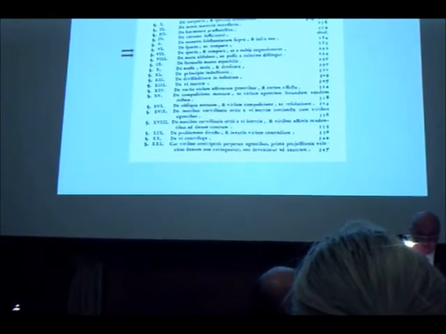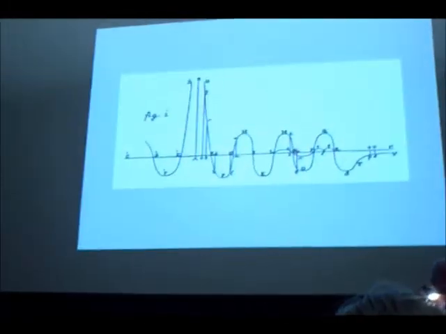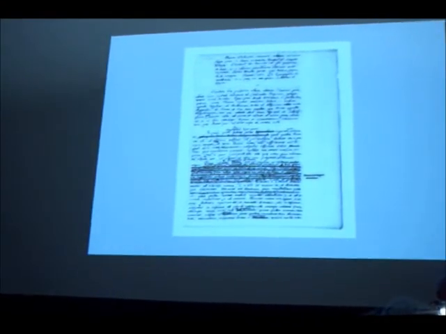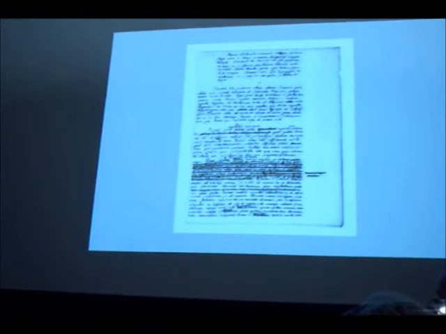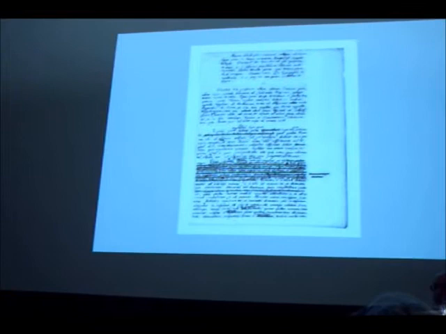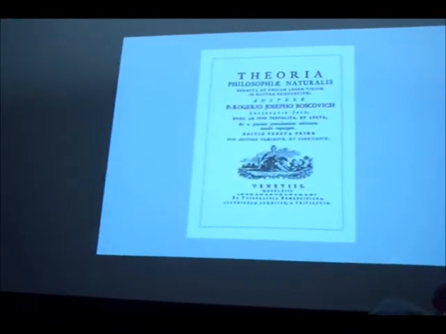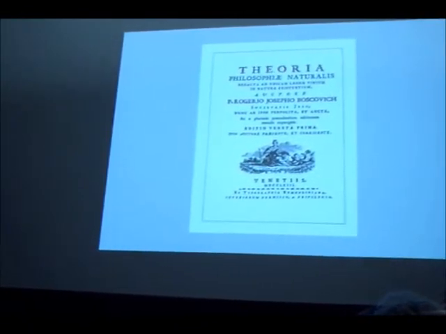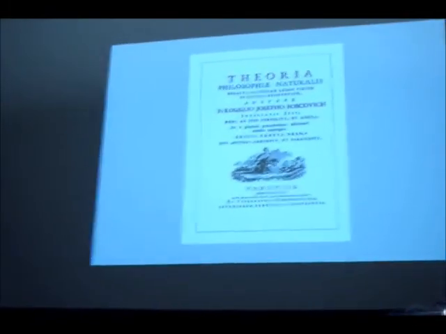His research in natural philosophy Boscovich crowned with the masterpiece Philosophiae Naturalis Theoria. Here is the first page of the autograph, kept in a library in California now, and this is the title page of the third edition, Theoria Philosophiae Naturalis, published in Venice in 1763.